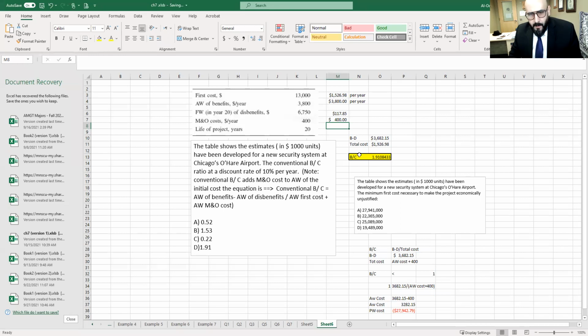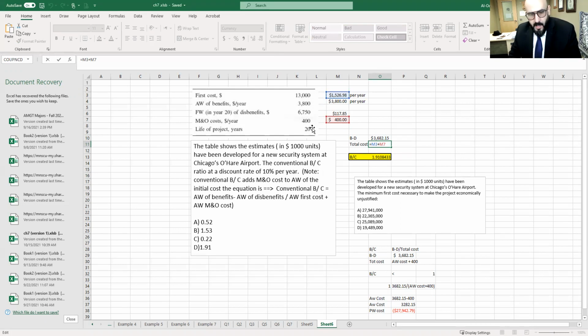So now to do the BC ratio, we find the benefit minus the disbenefit, B minus D. The benefit is 3,800 minus this disbenefit of 117, and that gives you a net benefit of 3,682. The total cost would be the maintenance and operational cost plus the annual worth of the initial cost.